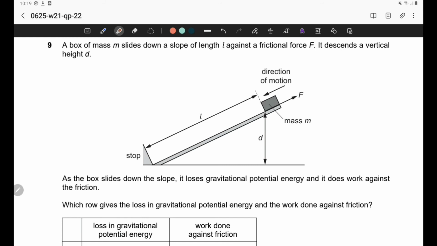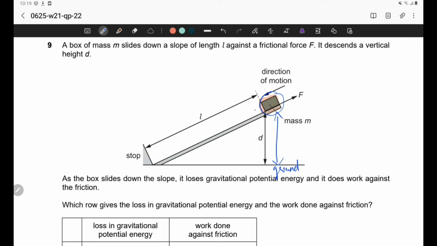Question 9. A box of mass m slides down a slope of length L against a frictional force F. It descends a vertical height D. So there is a box of mass m which is moving down the slope in this direction, and the total length of the slope is L. Initially the box is d distance away from the ground.